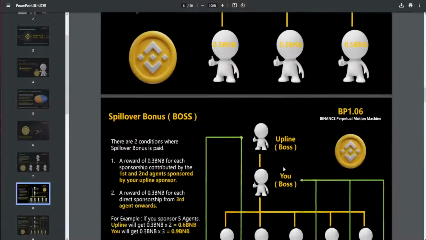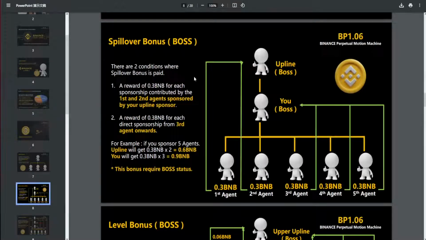So in a sense, that person also benefits. Let's say we're the boss. We referred 5 people, and the spillover bonus from 3 of them goes to us, which is 0.9 BNB, and for the first and second agent, it goes to the upline boss.